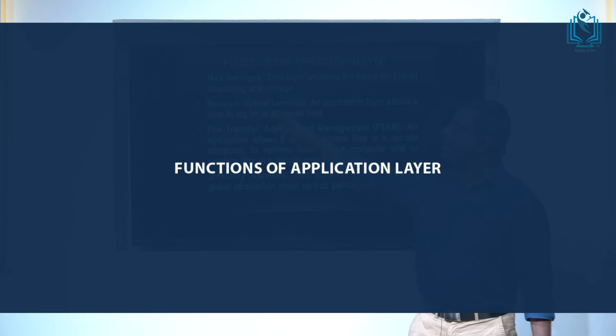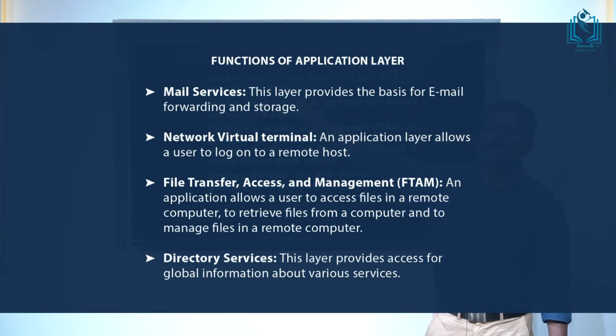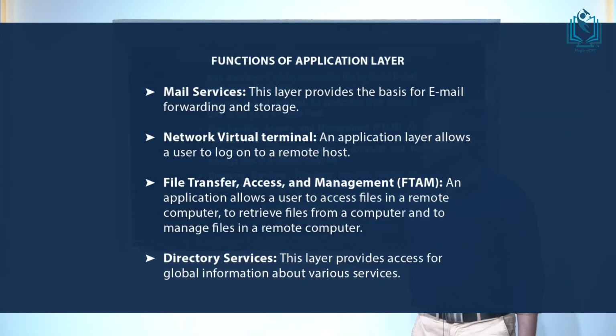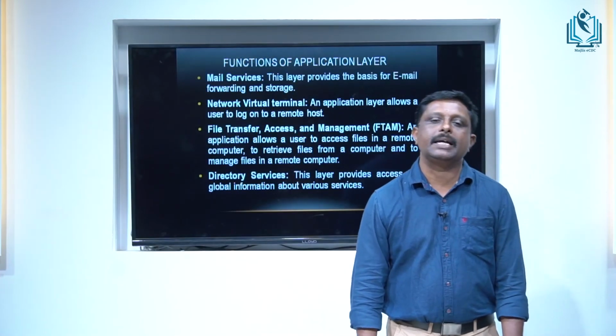First one is mail service. The sending and receiving of mail is possible. Network virtual terminal, which is used for remote login. Next, file transfer, which is used to transfer a file from one computer to another computer. Directory services. These are the main functions of the application layer.